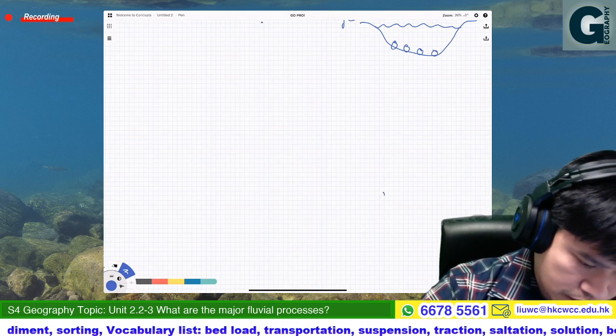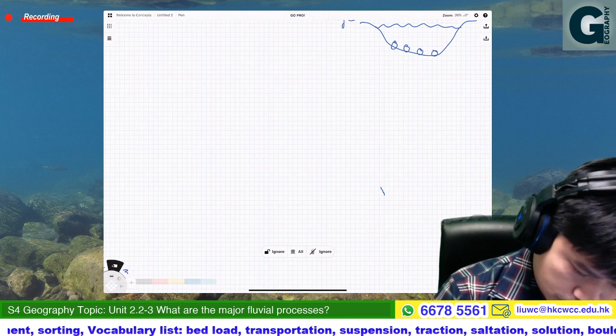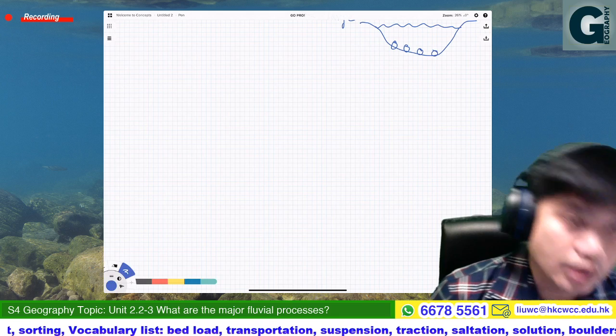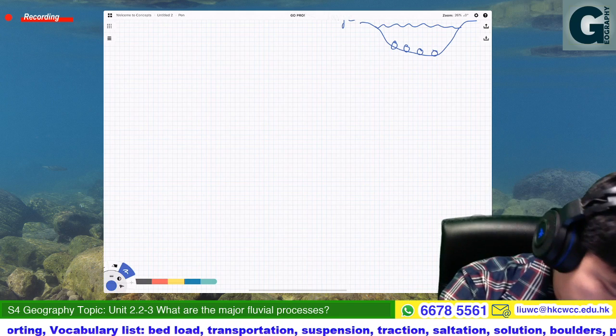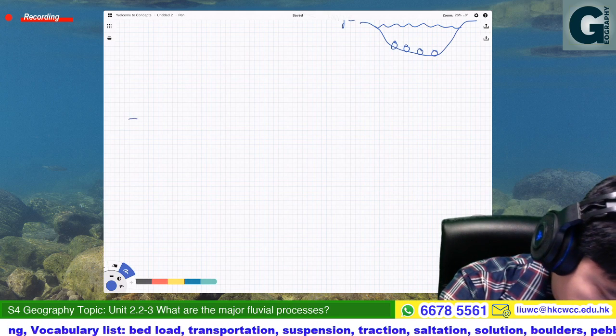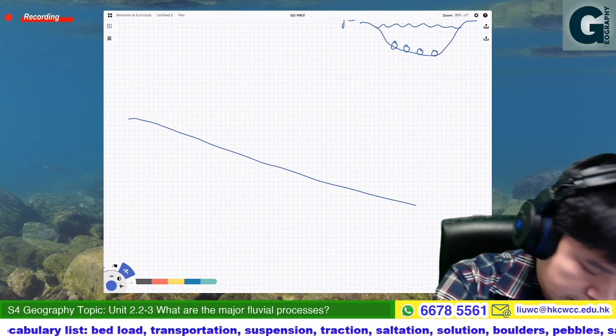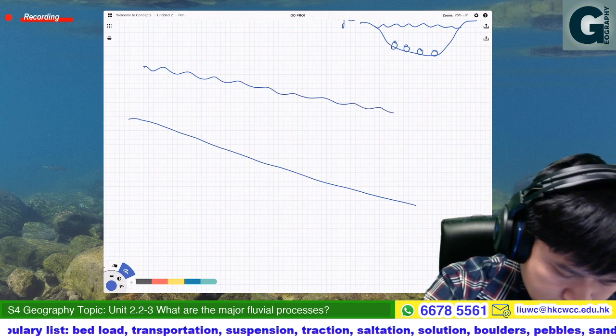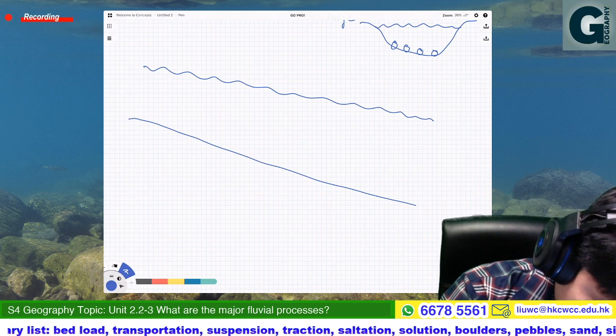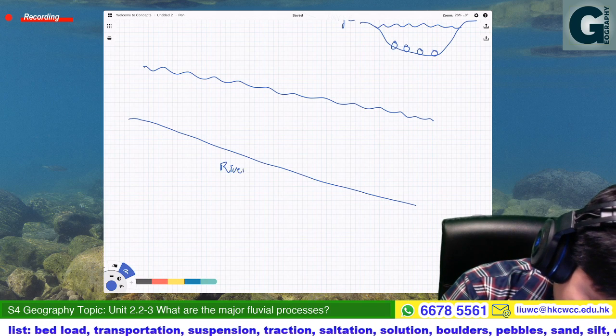For traction, it could be like this. If we draw the river, that would be the cross section, and you can see the river. Of course, there would be the riverbed.